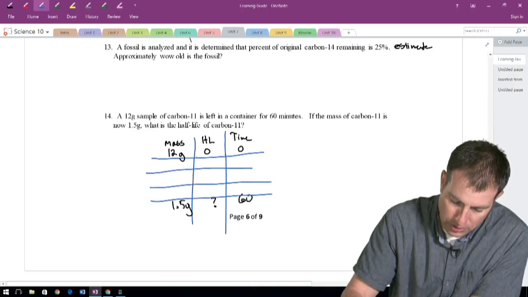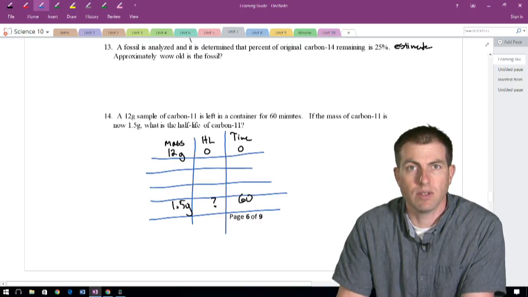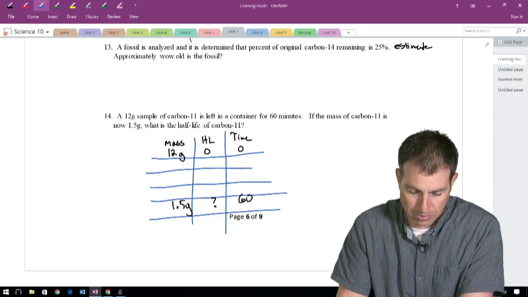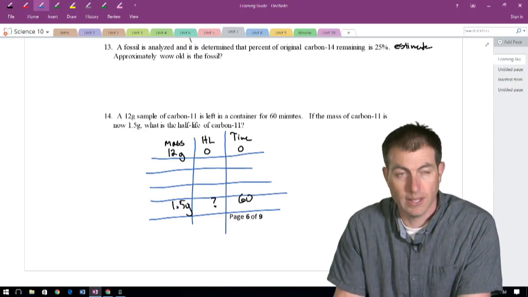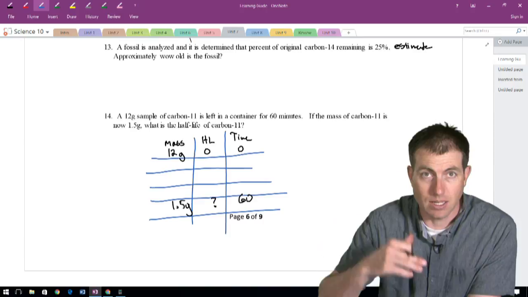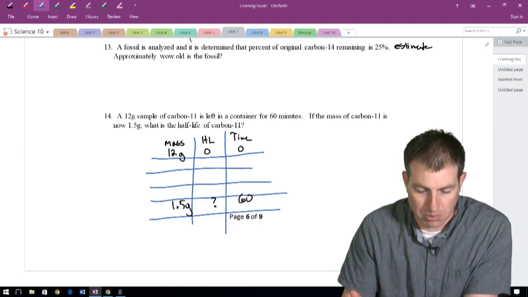So what I'm going to try to do is work backwards, because I know that each half-life is going to take the mass I have and divide it in half. I don't know if I put in the right number of lines there. 3, 6, I think I got lucky. I'm off by 1. So if I have 1.5 grams right now, if I go back in time, I know I'm going to double my mass.